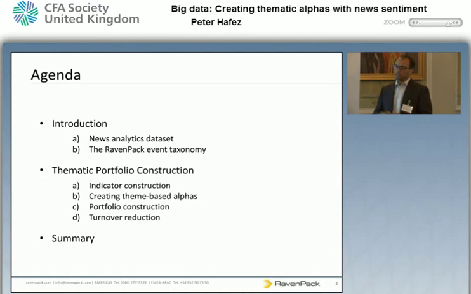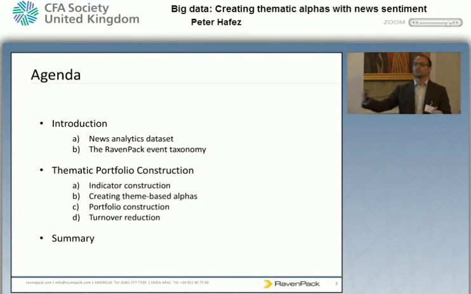I'll talk about how we create those indicators. I then move on to using those indicators to create alpha strategies, and I'll end up with multiple alpha strategies running in parallel at the same time.